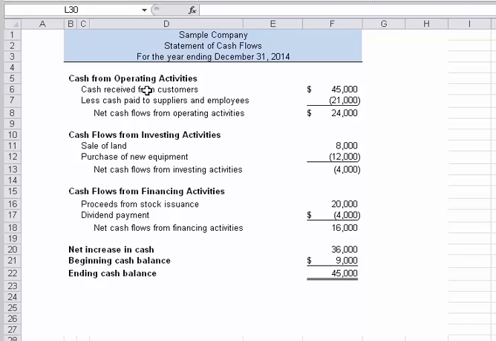We break it down into cash flows from operating activities, cash flows from investing activities, and cash flows from financing activities. And this really should say cash flows from operating activities, okay? And the two principal items that we're going to see from cash flow from operating activities is going to be cash received from our customers and then cash that we paid out to suppliers and employees.